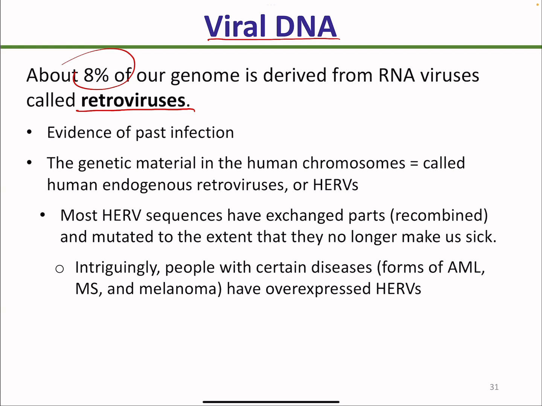These viral RNAs that are now part of our genome are called human endogenous retroviruses, or HERVs. These HERVs have been shown to be present in some cases and to stand out very characteristically.